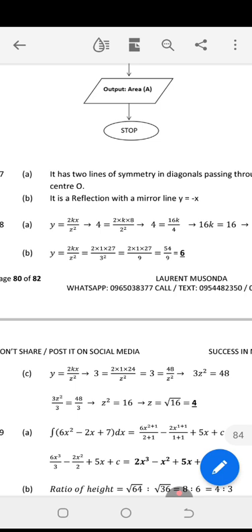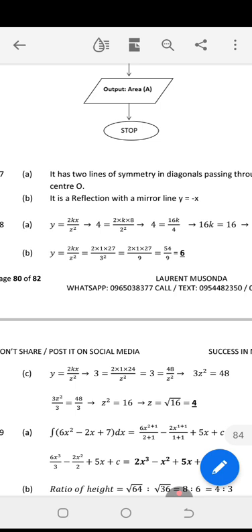That is the k you are seeing. So y varies directly as 2x, and for inverse, the letter must go down. Always when you hear the word inverse variation, it simply means the letter must always go down.